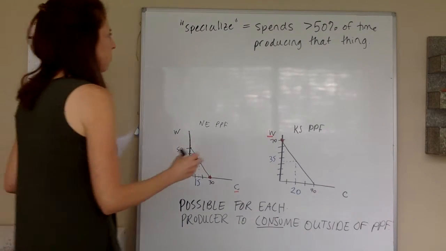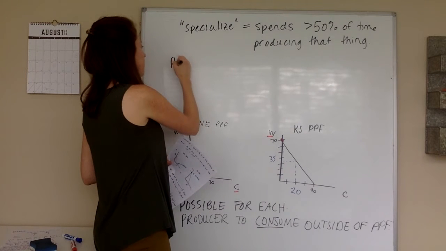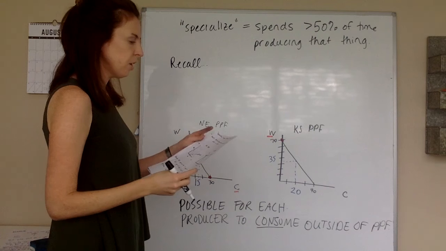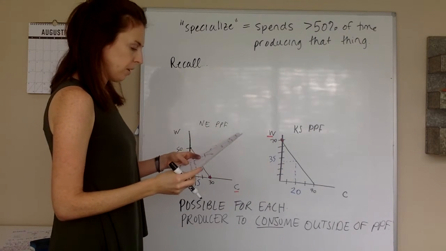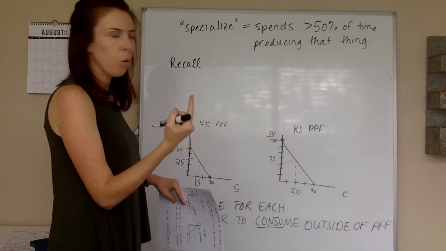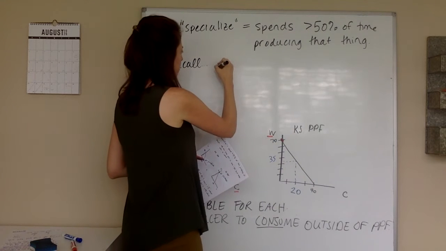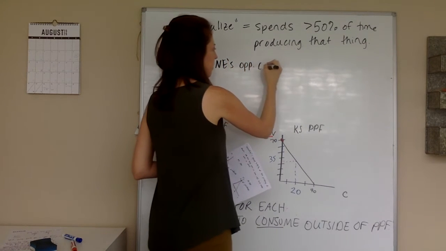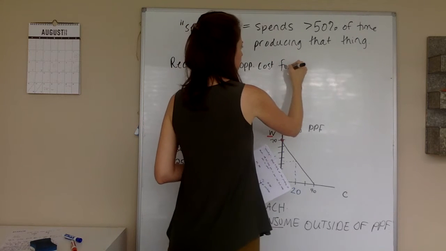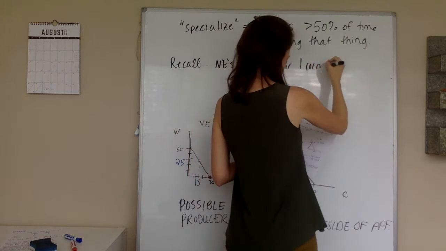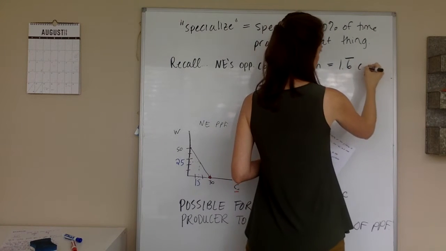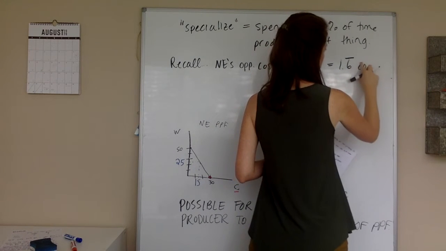I'm going to jog your memory for a minute. Let's recall what the two states' opportunity costs are in terms of 1 unit of corn. Nebraska's opportunity cost for 1 corn was 1.66666 units of wheat.